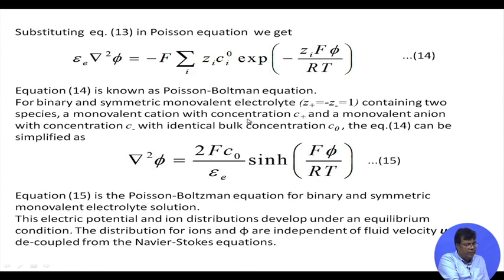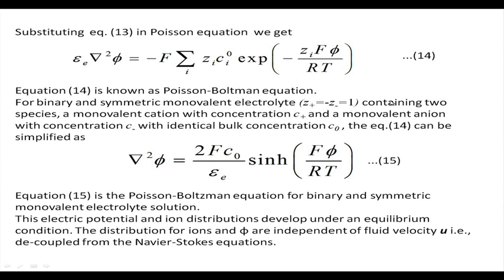Now, if I substitute in the Poisson equation, here we are considering a binary electrolyte, and let us take a monovalent electrolyte, that means Z plus equal to minus Z minus equal to 1. So, the valence is taken to be 1.